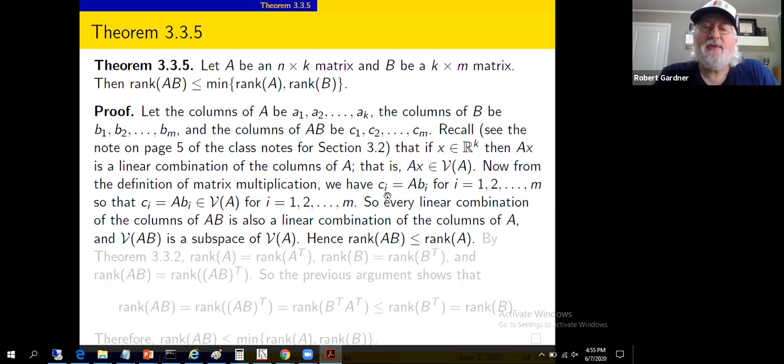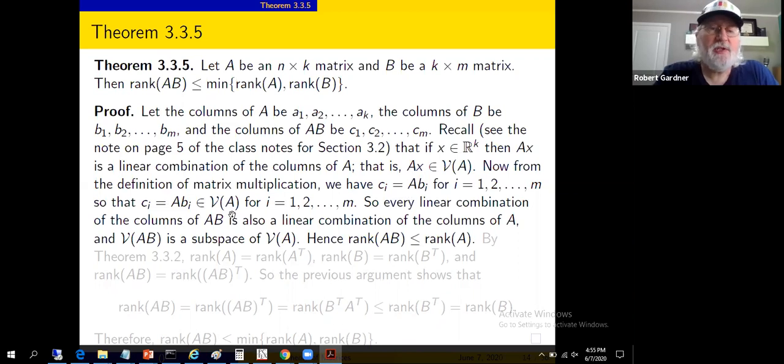So we have C sub i equals A times B sub i as i ranges from 1 to n. The columns of that matrix product are produced as given. So we're getting these C sub i's being A times B sub i's, being vectors in the column space of matrix A as well.